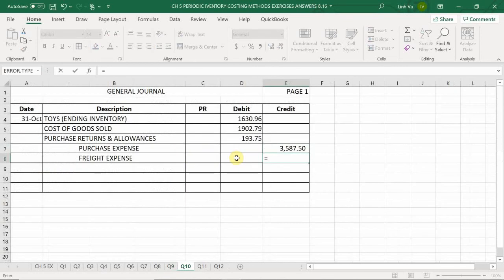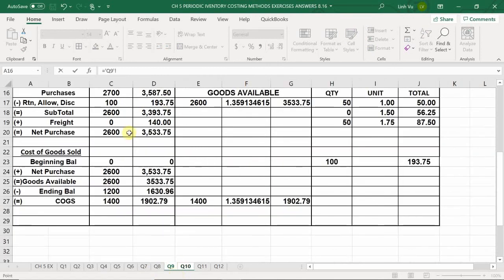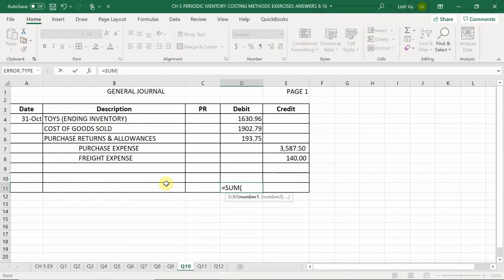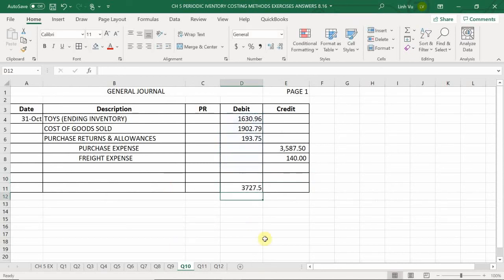Okay. And what was my total freight? Good. So then, last but not least, do your equal sum to ensure the accuracy of your counting. So here I got 3,727.50 on the left, 3,727.50 on the right.